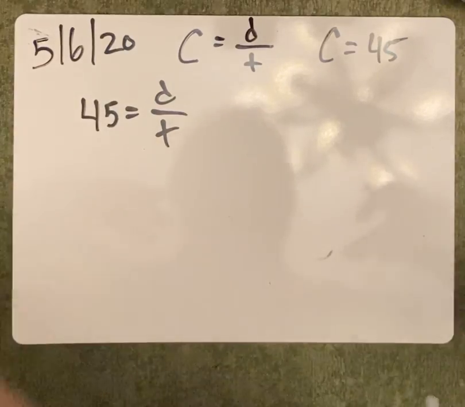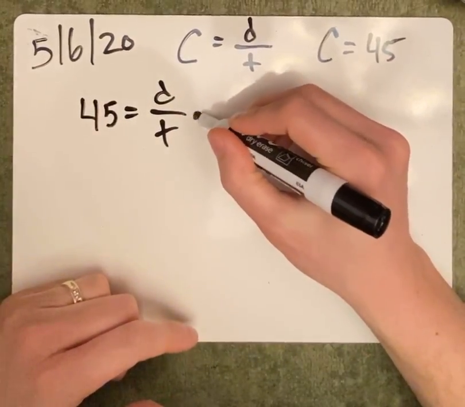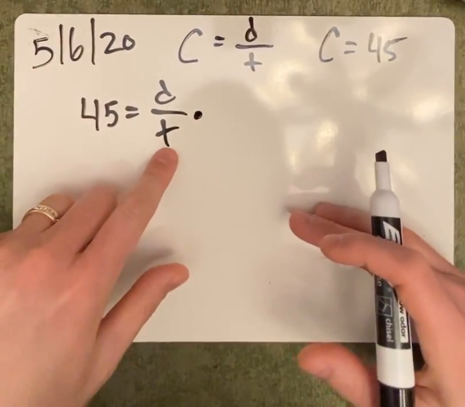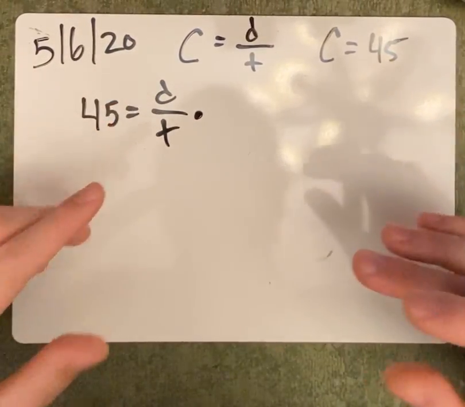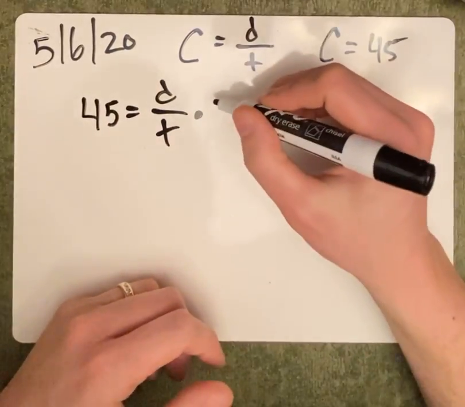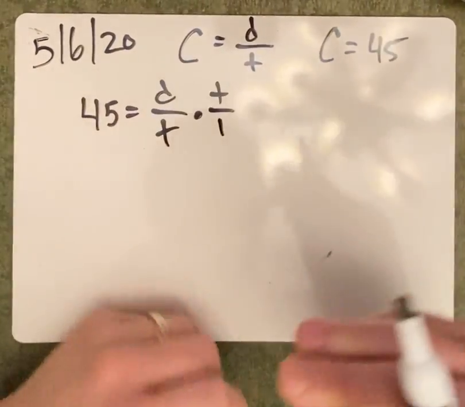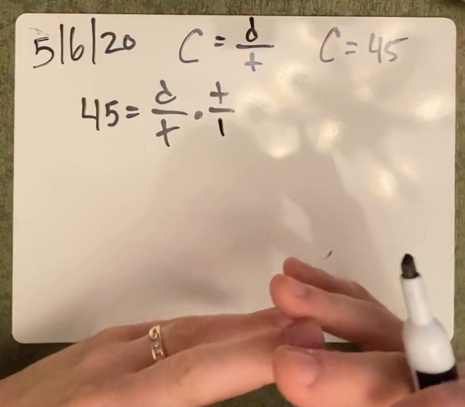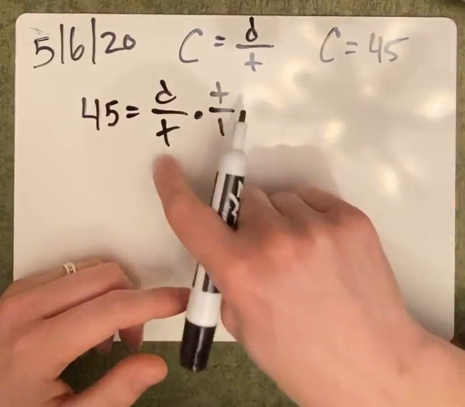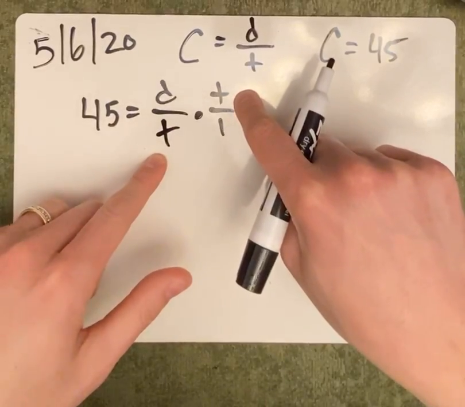Of course, it's multiplication. Since I need to solve for distance, I want to take the time away. Since I have D over T, I'm going to multiply by T over 1, because when we cancel things out, since these are on the diagonal, they cancel out.